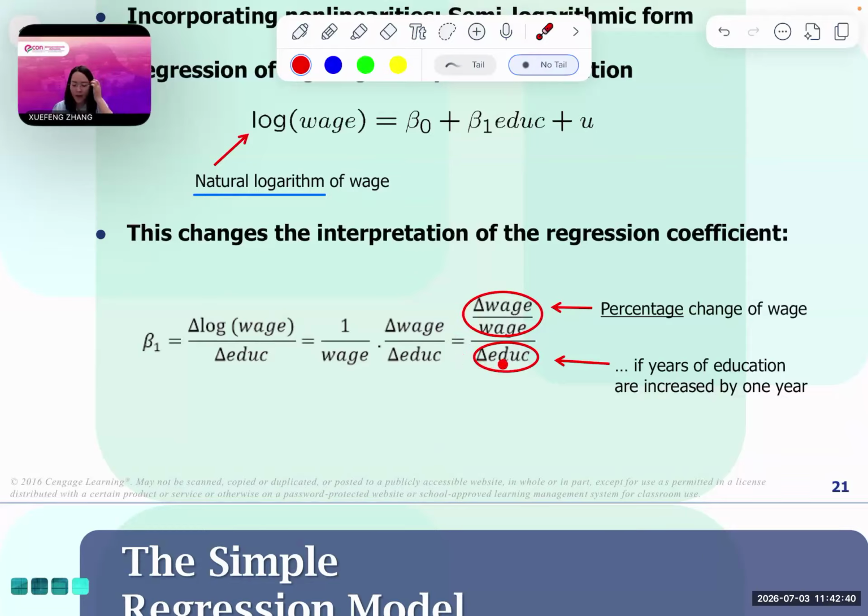The numerator is the percentage change of wage. In the denominator, it's the change for education only, okay? If years of education are increased by 1 year.